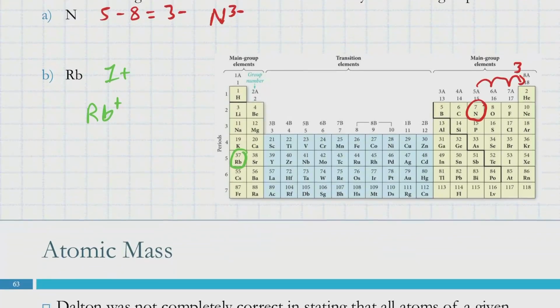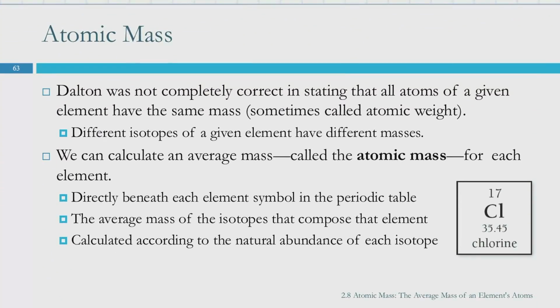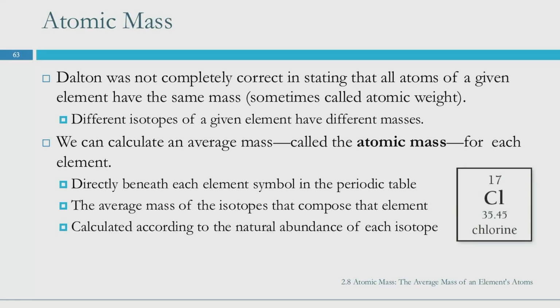It's a good start. All right, atomic mass. I think I already mentioned Dalton was not correct when he said that atoms of a given element have the same mass or atomic weight. Different isotopes have different masses. We can calculate an average mass, which we would call the atomic mass.